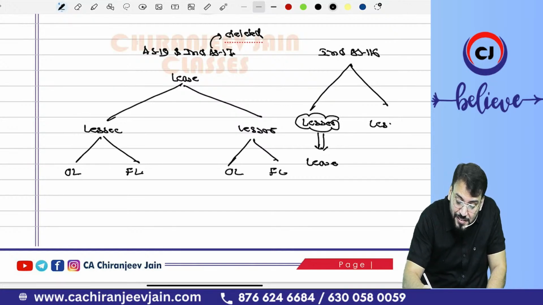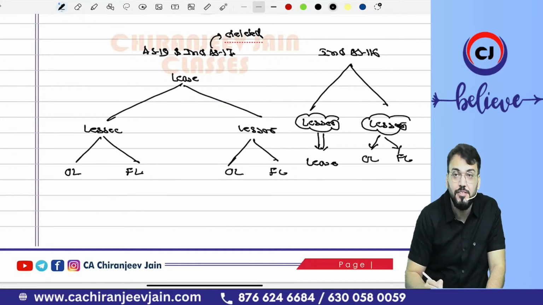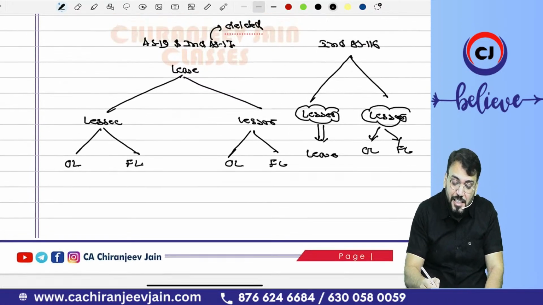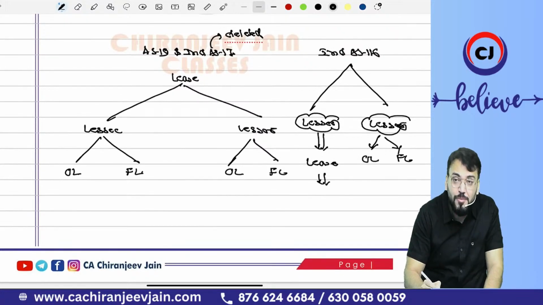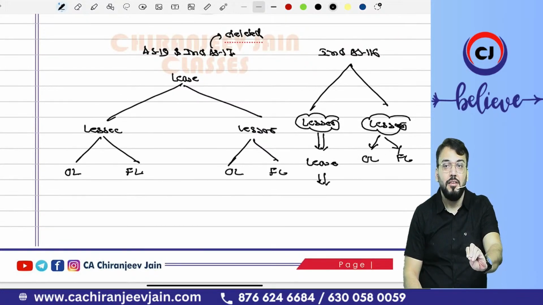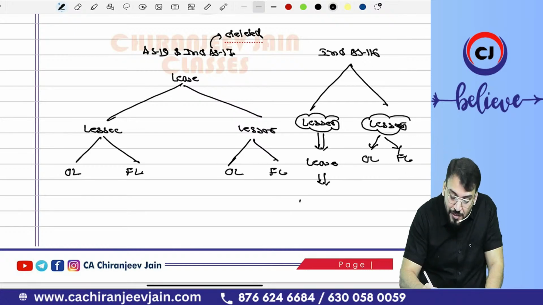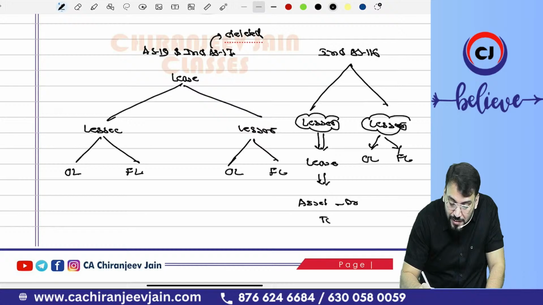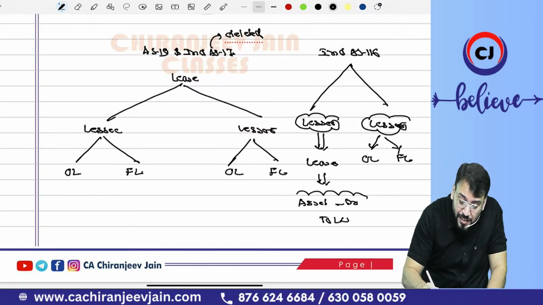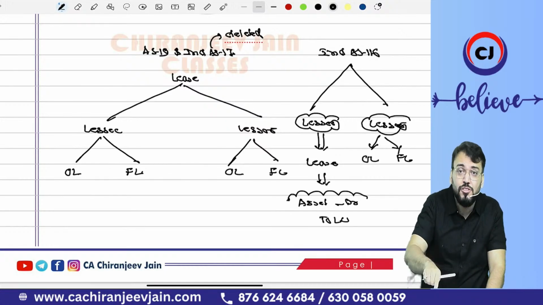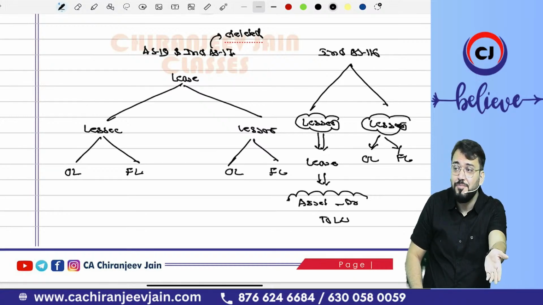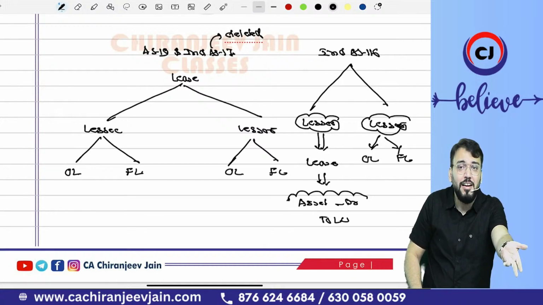And in the books of lessor, there is a concept of operating lease and finance lease. Means as per Ind AS 116, they will always create a liability. So they will pass one journal entry: asset account debit to lease liability. So can you say if Ind AS 116 is in force, liability is already created, then why is a provision required?